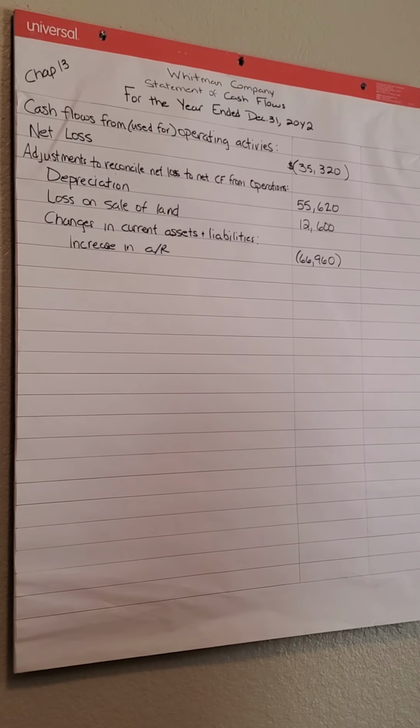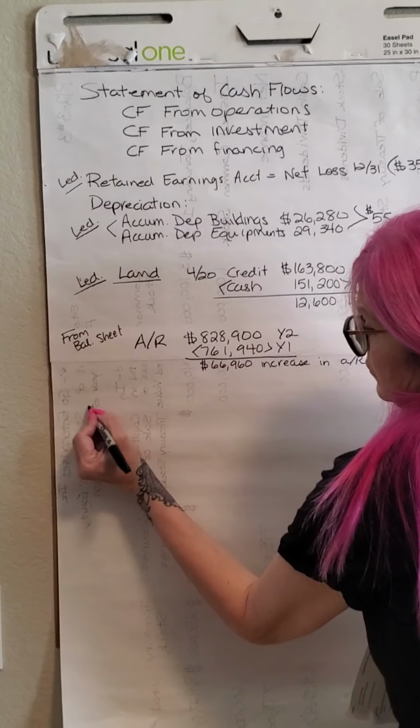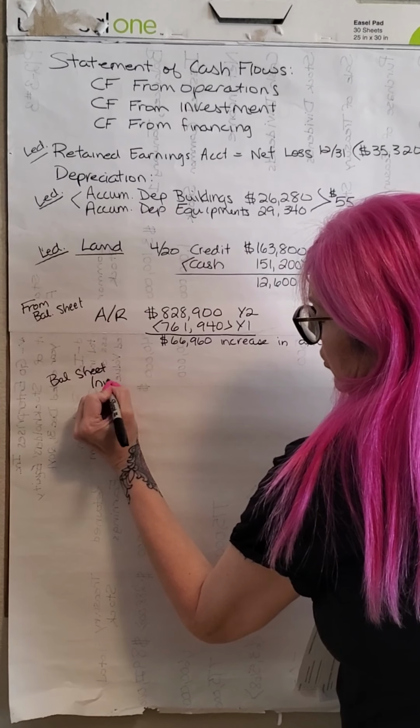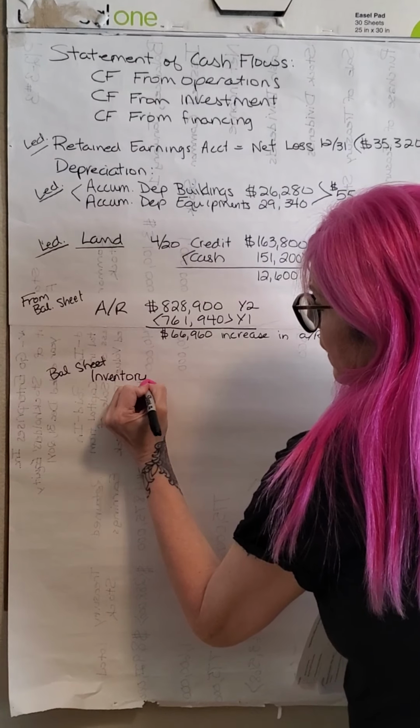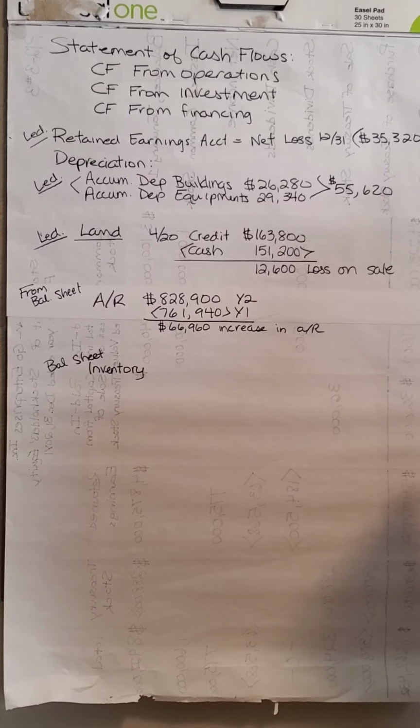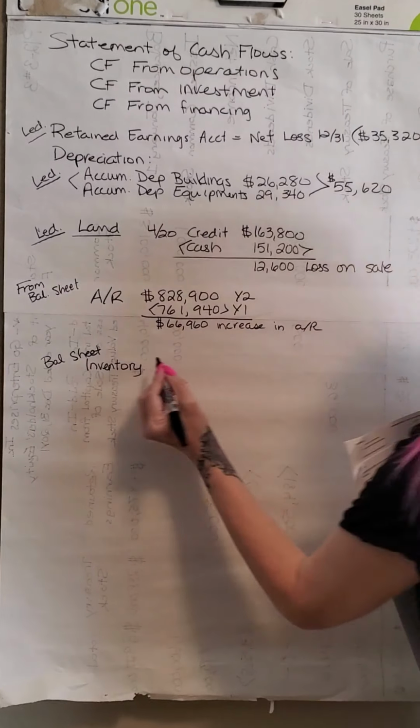We're also going to look at inventories, again from the balance sheet. In year 2, we have a balance of $1,268,460.